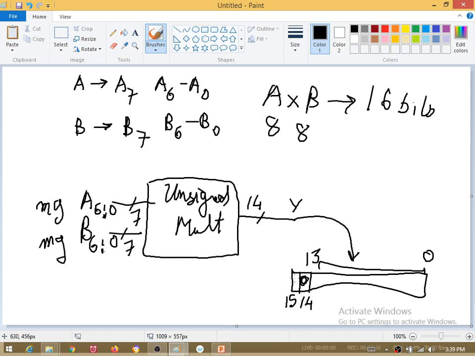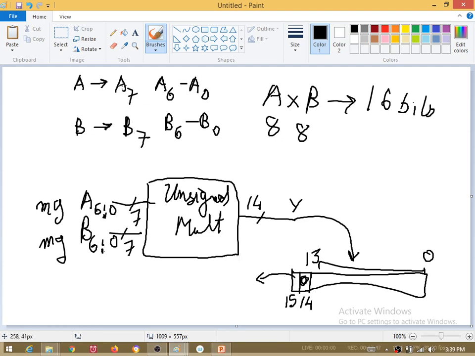What happens to the final bit here, meaning the 15th bit? Remember the 15th bit is supposed to denote the sign of the final answer. So let's go back here. If A7 is a 1 and B7 is a 0, which means A is negative and B is positive, then the answer is also going to be negative. So if A is 1 and B is 0, the number I place here is supposed to be 1.